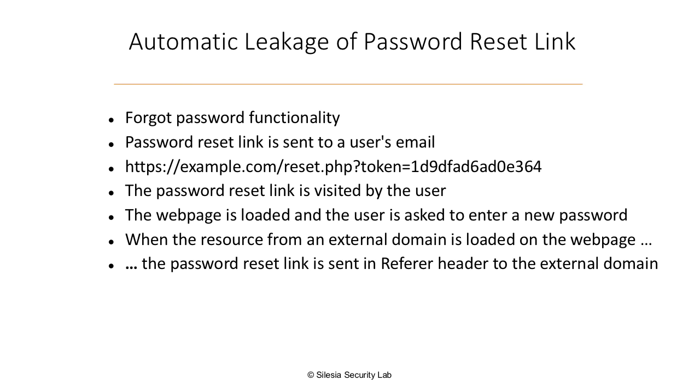So we've got our web page. In the URL bar, we've got a password reset link. If this web page needs to fetch data from an external domain, like for example an image, then the browser sends out the request. And in this request, there is a referer header. And the browser takes the URL from the URL bar, puts this data, so our password reset link, into the referer header, and then the request goes out to the external domain.